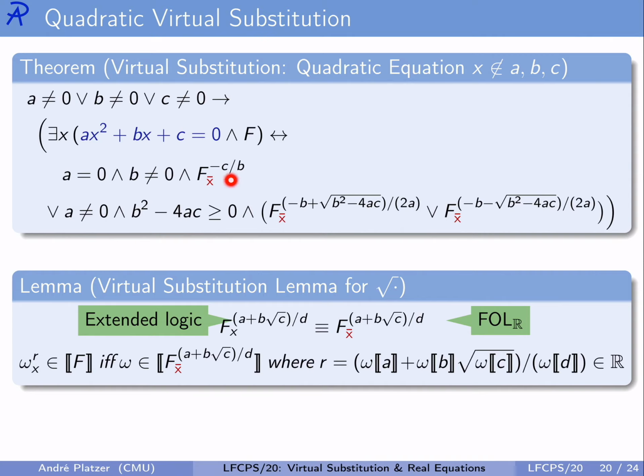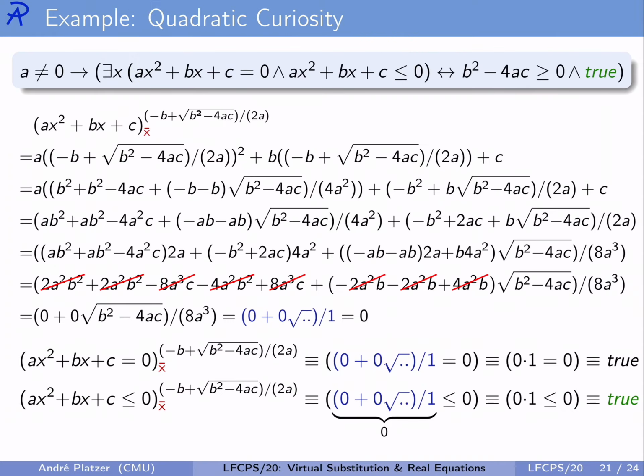We're only using this division by b if b wasn't 0, we're only using this division by a if a wasn't 0, we're only using the square roots if the discriminant is actually greater than 0, so only if the square root is actually well defined. Now this is the move between syntax and semantics, the lemma for the virtual substitution that we use in order to cover the case of quadratic equations.